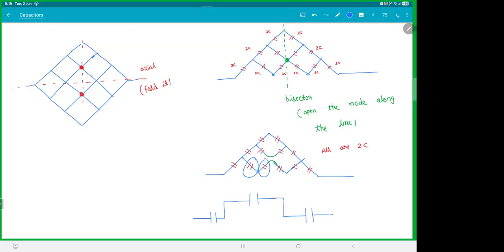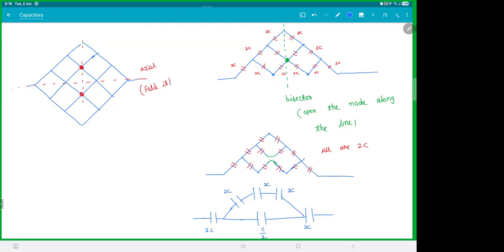In between, this one, this one, this one, this one, all these four are in series. That would be 2C by 4, that will be C by 2. This will be 2C, this will be 2C, this will be 2C, this will be 2C.